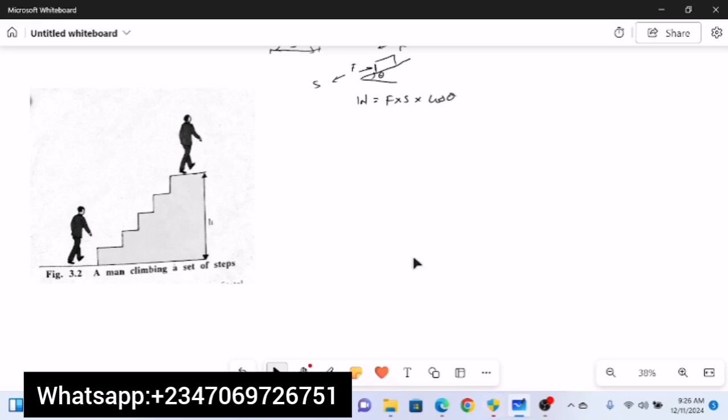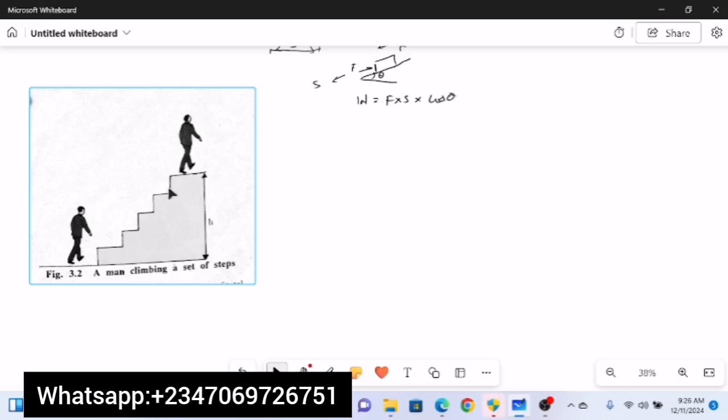You notice that this man climbs this staircase from this point up to this height. That means this man is doing work against gravity. Now keep in mind, if this man is standing at a spot, he is not doing work. But since he is moving himself from downstairs up to the highest point of the stair, it means this man has done work.